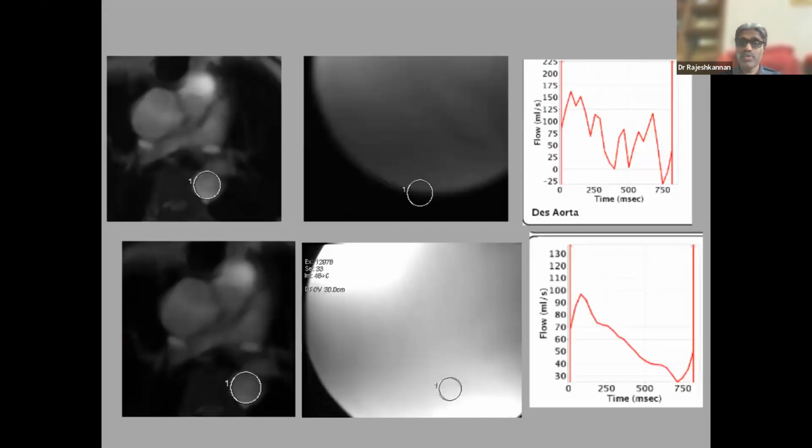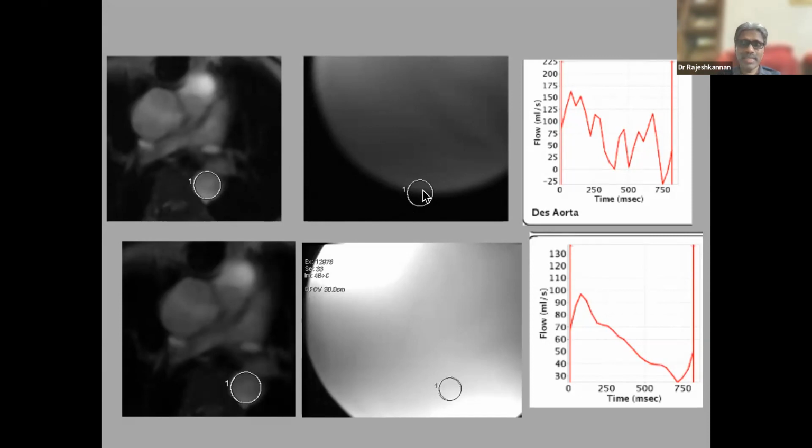We can also use phantom correction. After doing the human study, we can keep a phantom like this, and we have to repeat the same pulse sequence with the same parameters. One of the drawbacks is that the phantom has to be exactly at the same location.